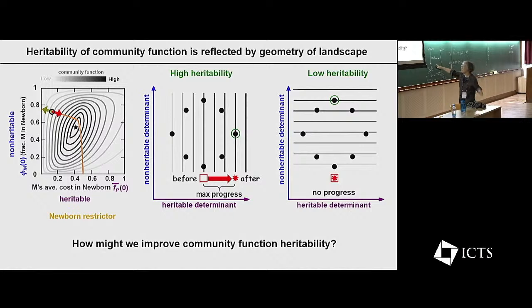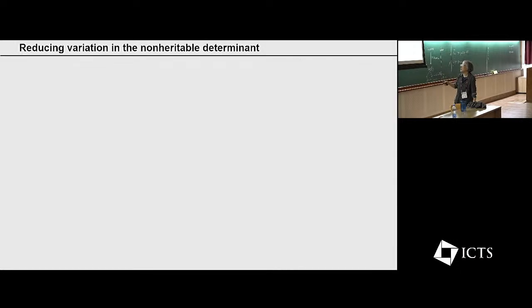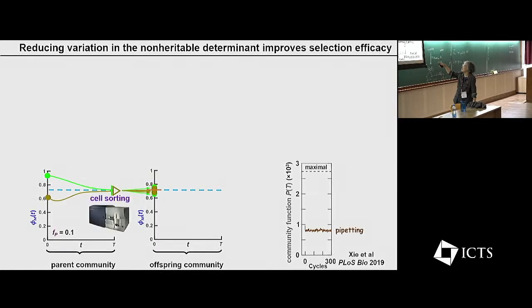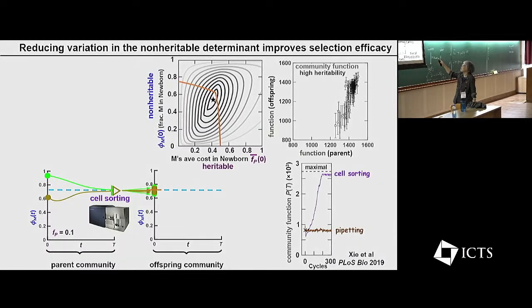We learned one method before, which is to reduce non-heritable variation. But this we just did, so it's a little bit redundant. Oh yeah, so this is useful. Basically, if you do cell sorting, it's collapsing.